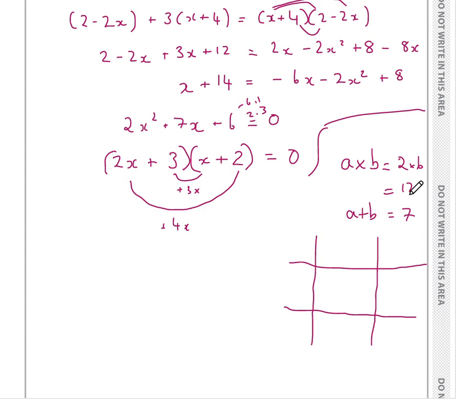I've got two things that multiply to give me 12 and add to give me 7, so that's going to be 3 and 4. I put my x squared term in here, so 2x squared. This is going to be 3x, 4x. So I've broken up that x term. You might use another method that's very similar, and then my number is going to be 6.